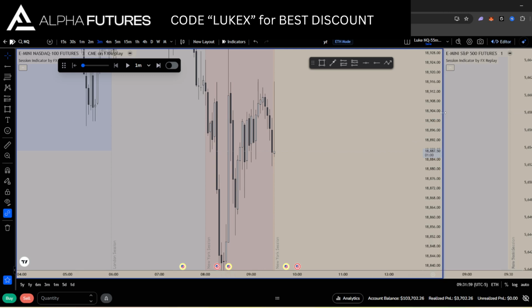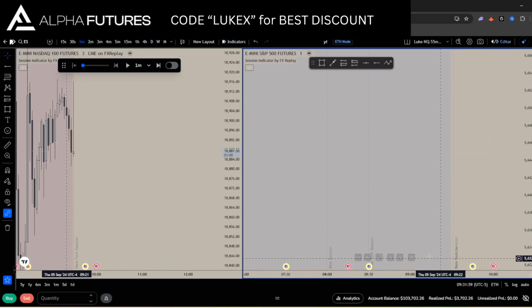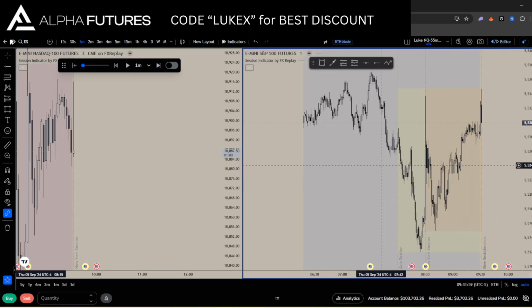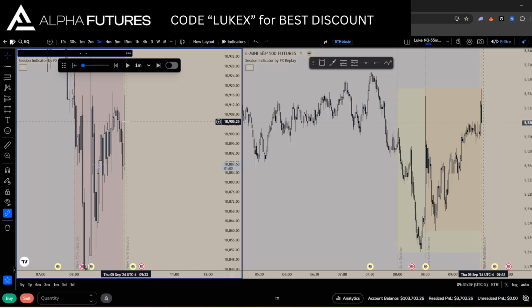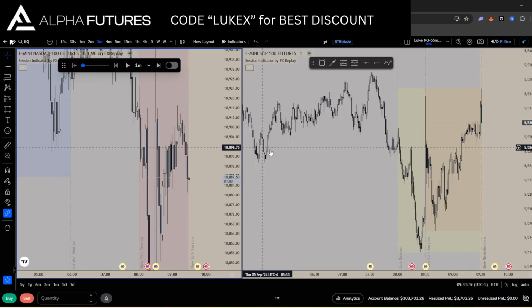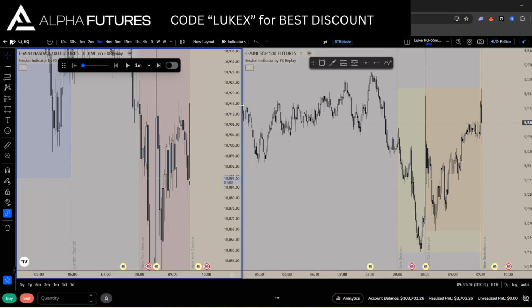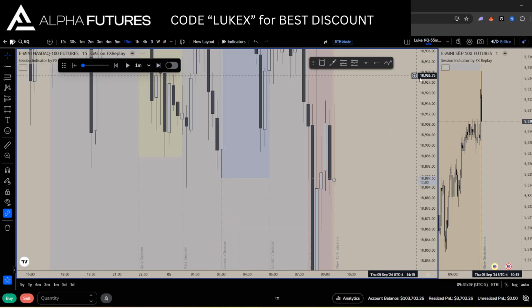Let me check ES. I kind of want to short this right here. So we have an SMT. We have low resistance liquidity below.